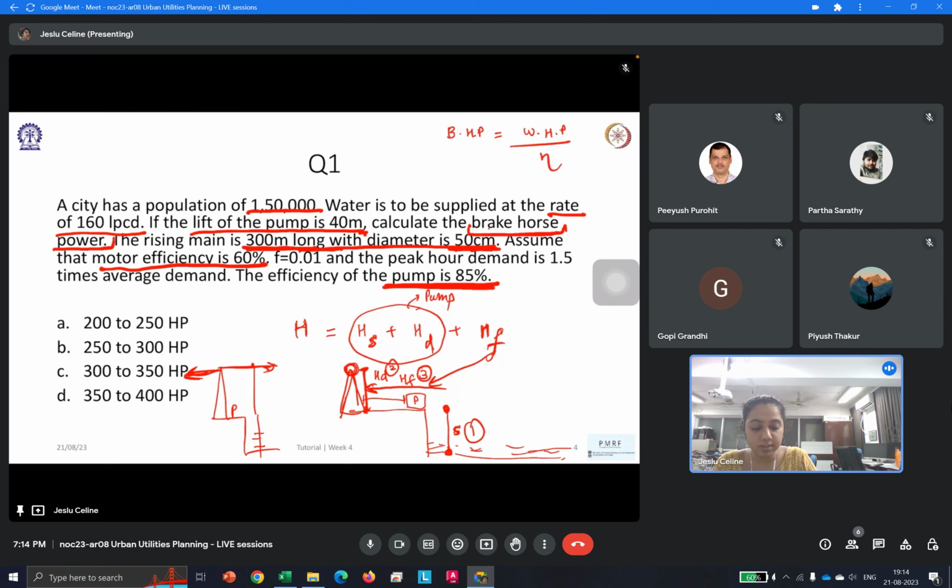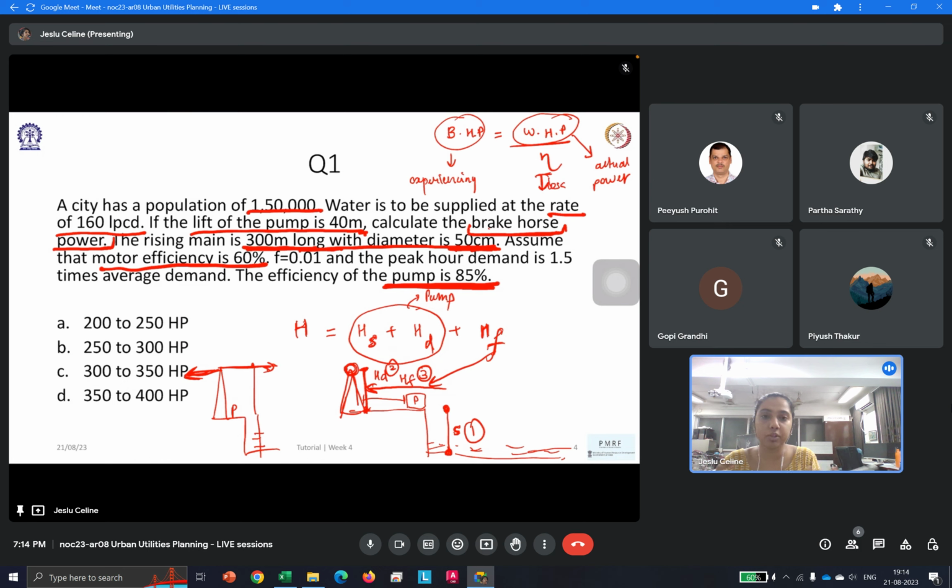Now, why we're doing this is because water horsepower is the actual power, or the actual work which is done. But brake horsepower talks about the one which we are actually experiencing, because the pump or the motor which is used will have some loss in the work done.